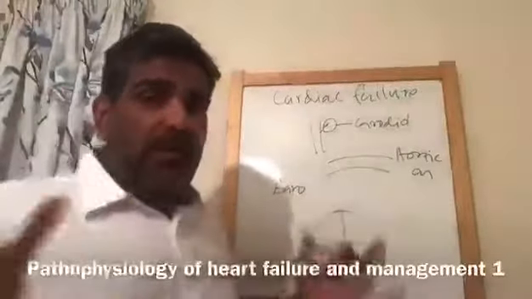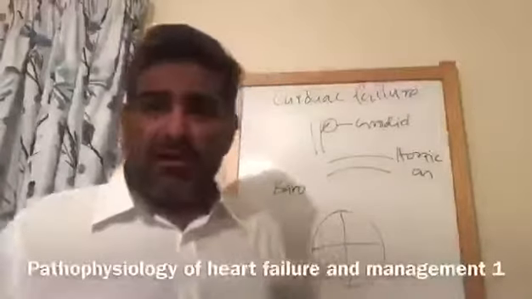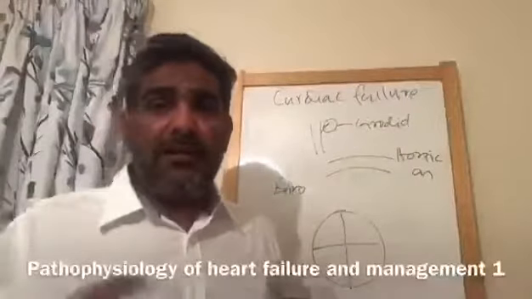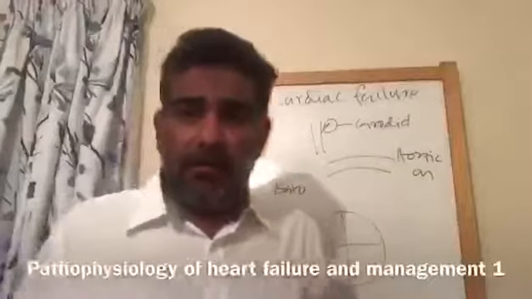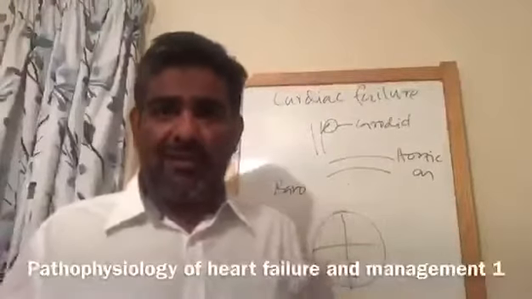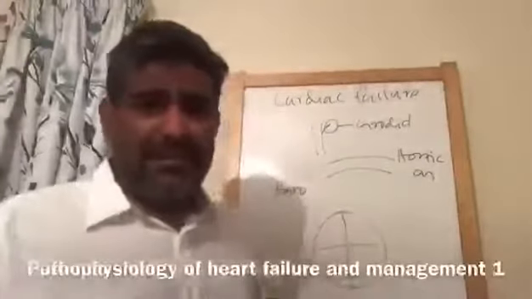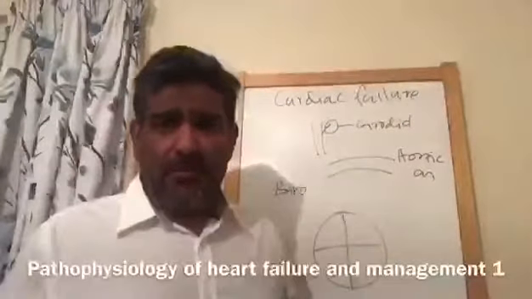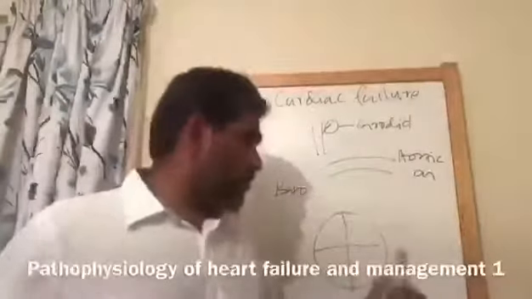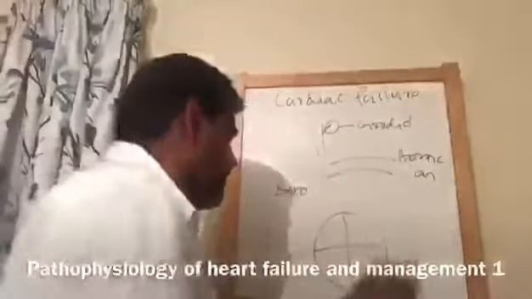Even though the blood volume is unchanged, the patient has adequate plasma and blood volume inside, the baroreceptors are going to sense that there is some kind of pressure reduction because of the reduced pumping ability.